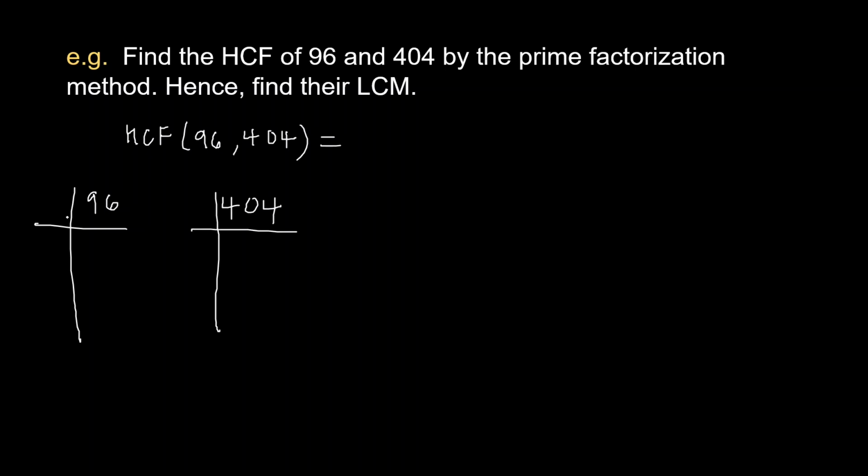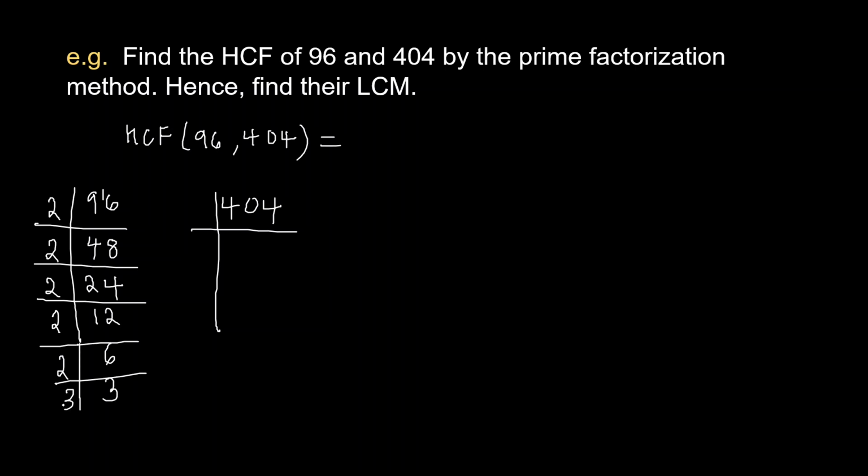So let's prime factorize. So 96 is divisible by 2. So 2 4s are 8, carry 1, 2 8s are 16, 2 2s are 4, 2 4s are 8, 2 1s are 2, 2 2s are 4, 2 6s are 12, 2 3s are 6, and 3 ones are 3.